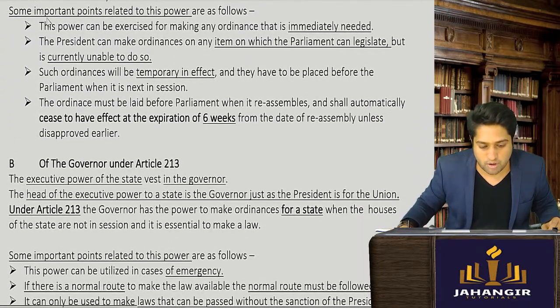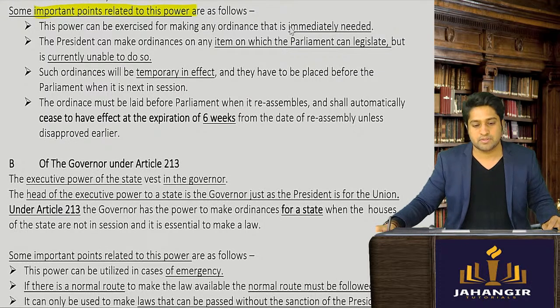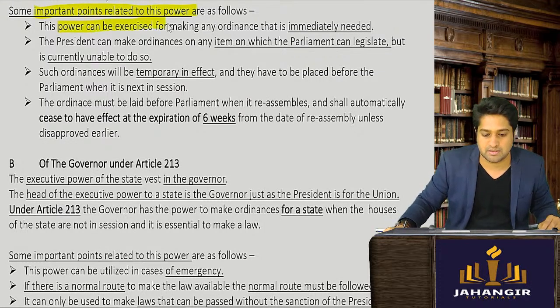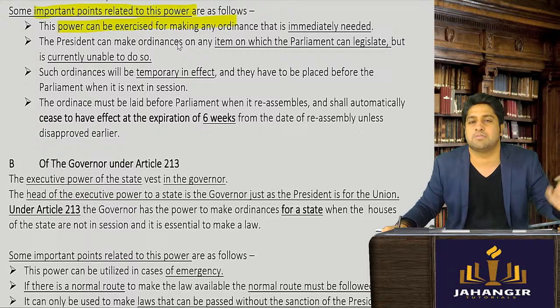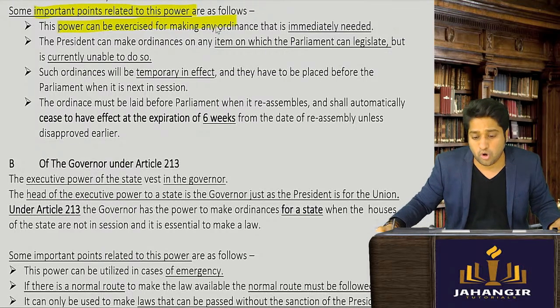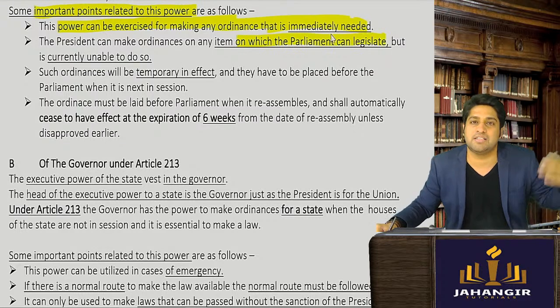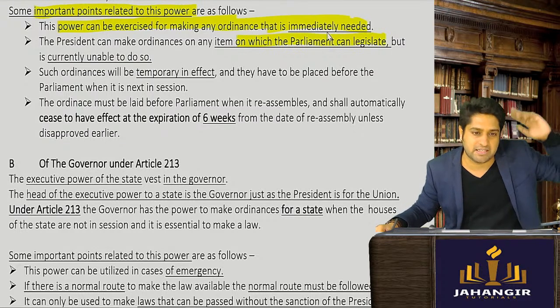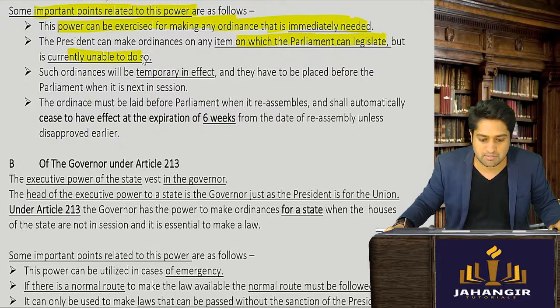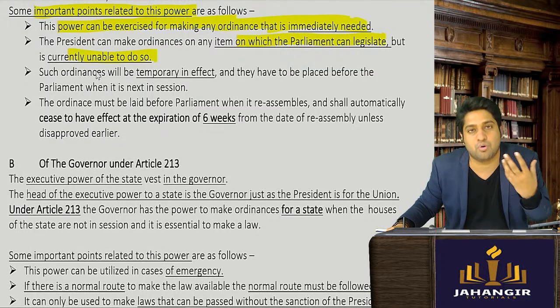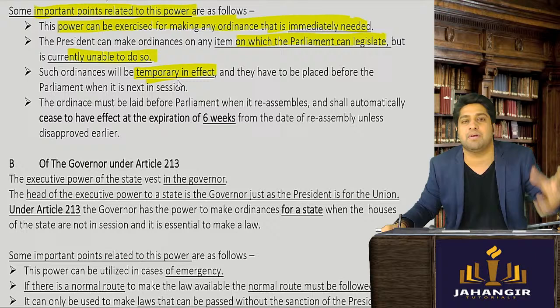The important point for an ordinance is that the President or the Governor, under the respective articles, feels that a law is immediately needed and the Parliament cannot legislate because it is not in session, it will take time, and it's currently unable to do so. So they require a law having a temporary effect.